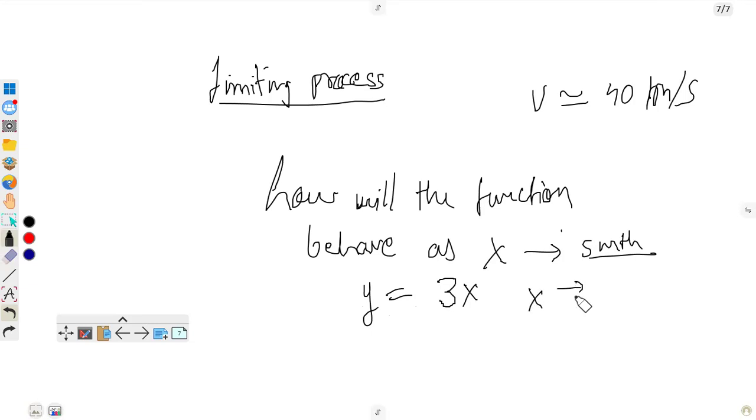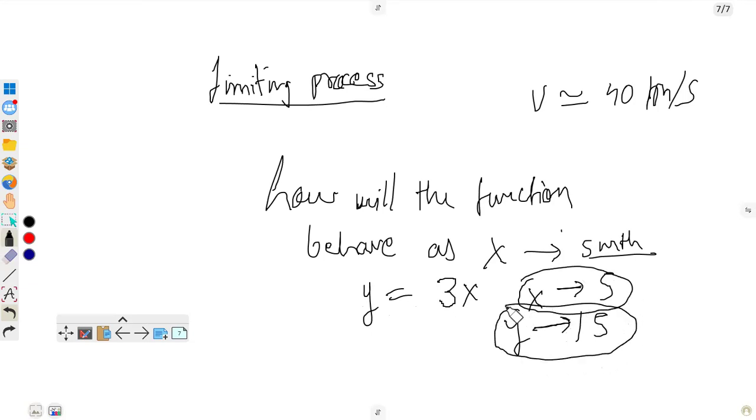As x tends to 5, you will notice that the value of y will also change. As you try to bring x to 5 by increasing or decreasing it, y will approach 15. As x moves toward 5, y moves toward 15. Does it make sense?